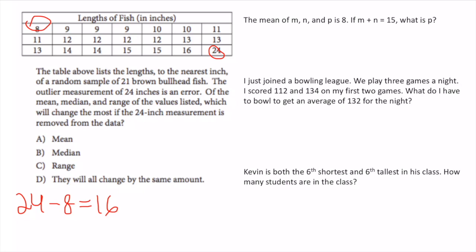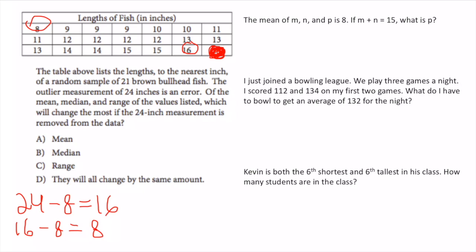So this asks, which will change the most? Our range here, if we eliminated this 24, is now only going from 16 to 8, which is just 8. We have 1, 2, 3, 4, 5, 6, 7.